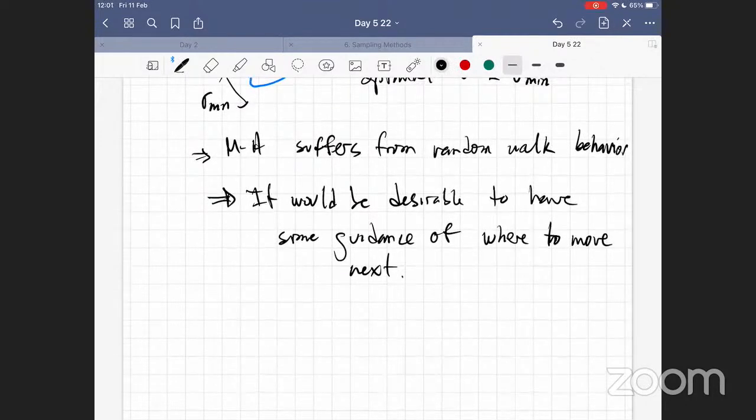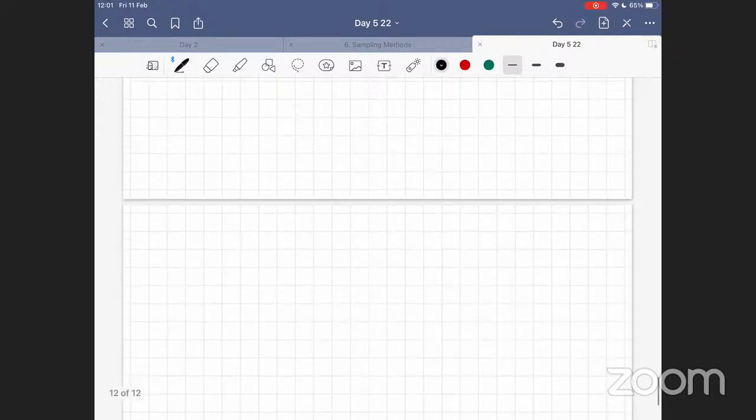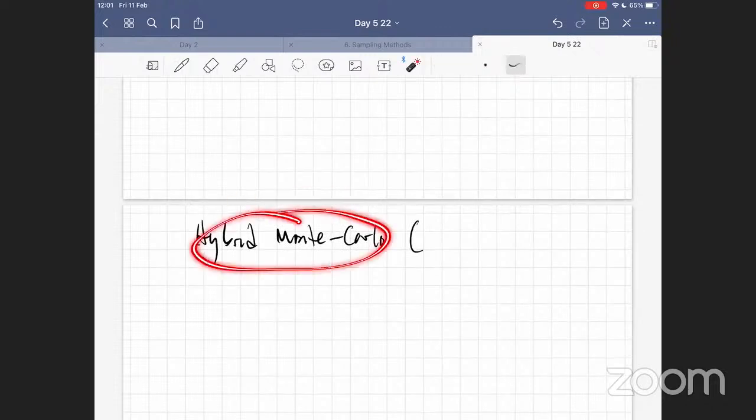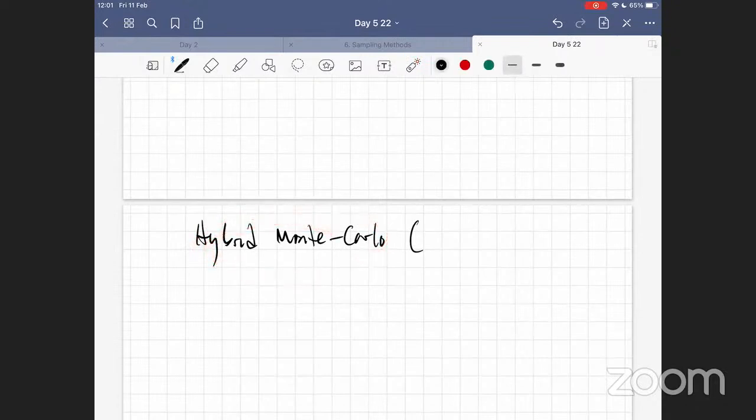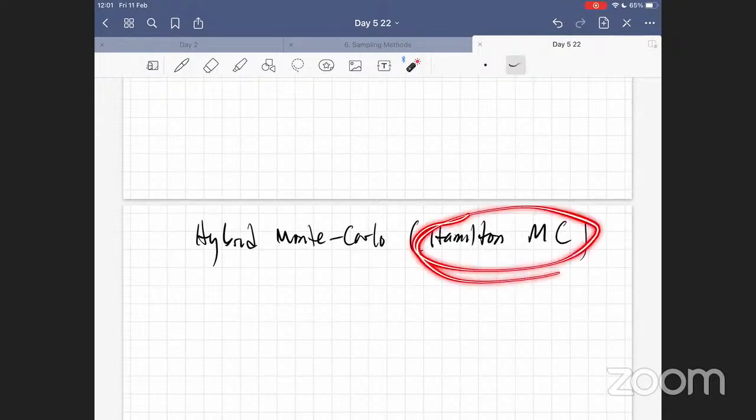And actually, this is what hybrid Monte Carlo does. In the physics community it is called hybrid Monte Carlo, particularly in lattice QCD, which is actually the community that developed this from the first time, I think. But it is also called Hamiltonian Monte Carlo, and this is a jargon mostly used in the statistics community or machine learning community.